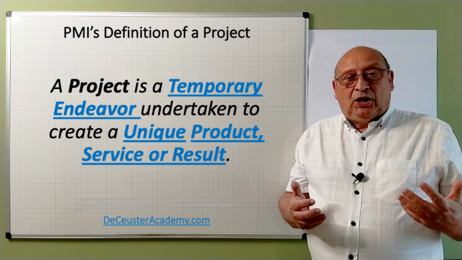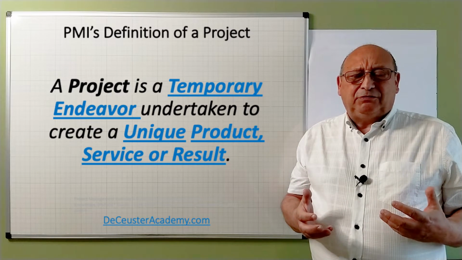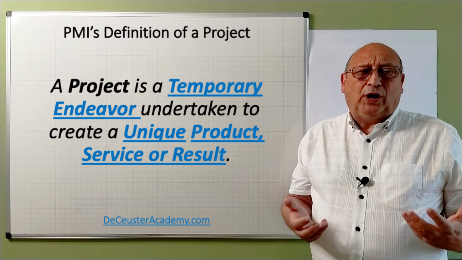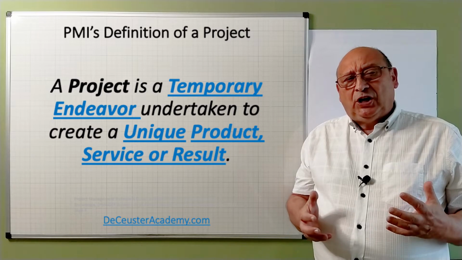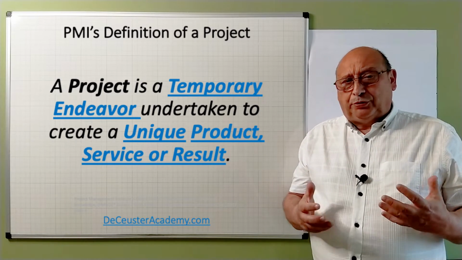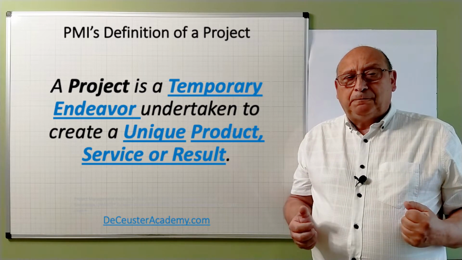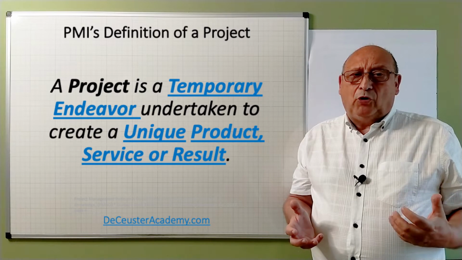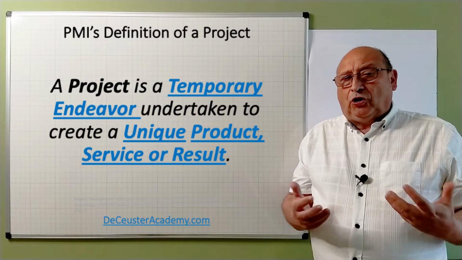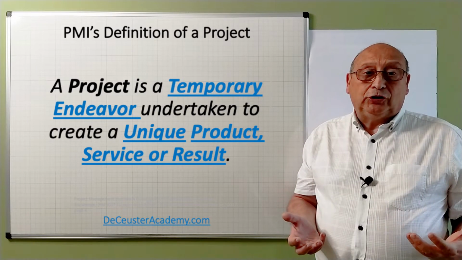The last elements of the definition are a little bit more difficult to identify from the examples, but basically we can say that projects relate to products, services, or results. A result is a little bit more tricky to understand, but consider that a company is having processes for production.